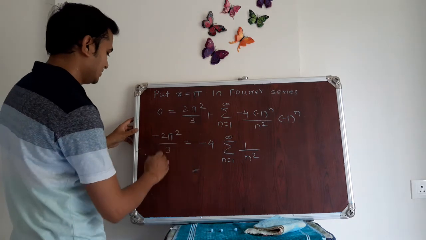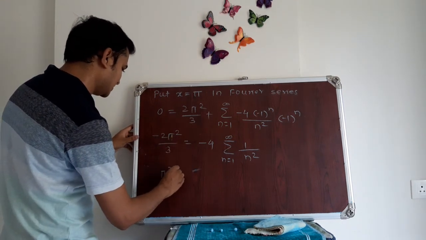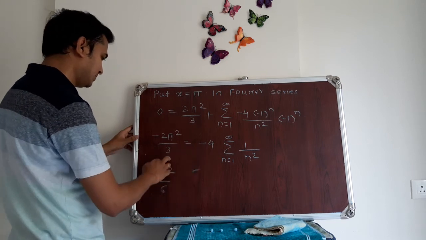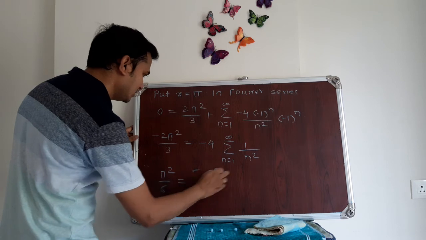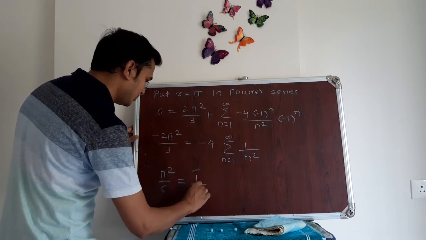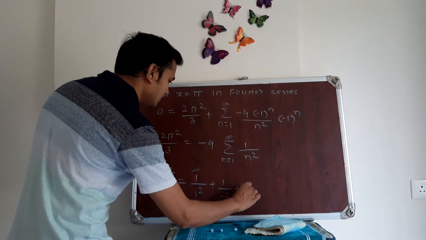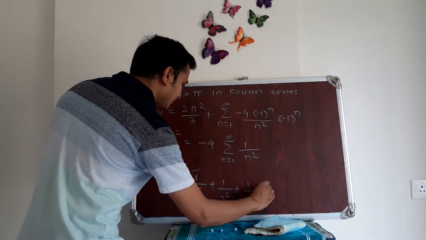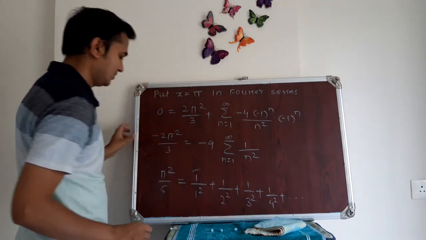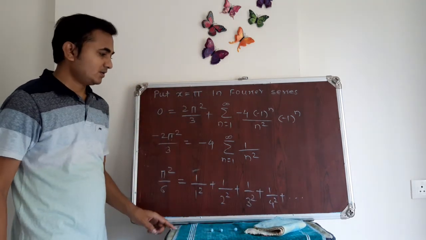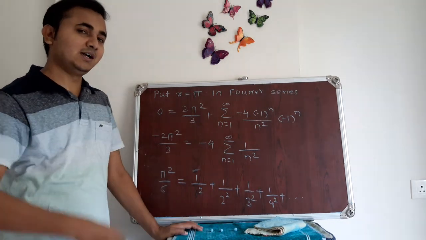So this becomes pi square upon 6. If you bring this minus 4 here, it becomes pi square upon 6 equal to, if you open this, 1 upon 1 square plus 1 by 2 square plus 1 by 3 square plus 1 by 4 square and so on. If you look at this series, we have got a third series.